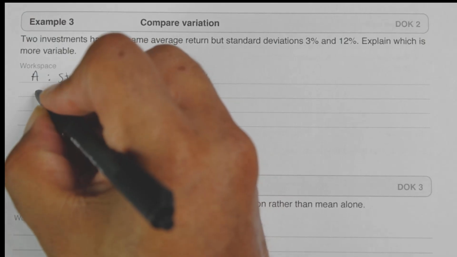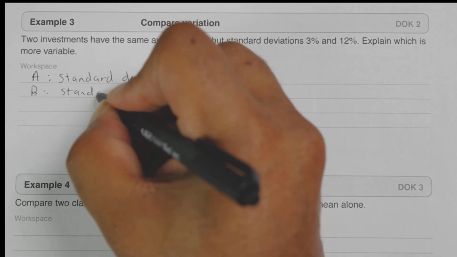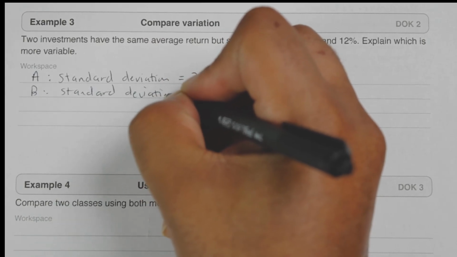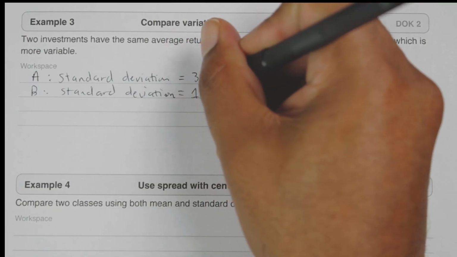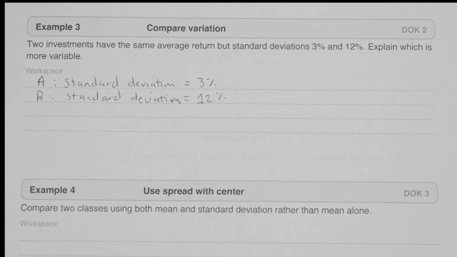And then investment B has a standard deviation of 12%. Which investment has more variability, right?